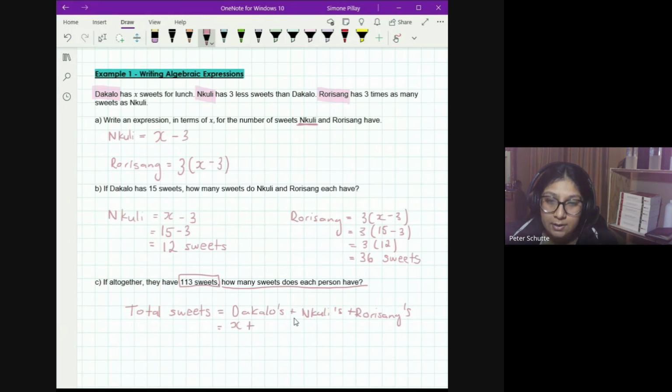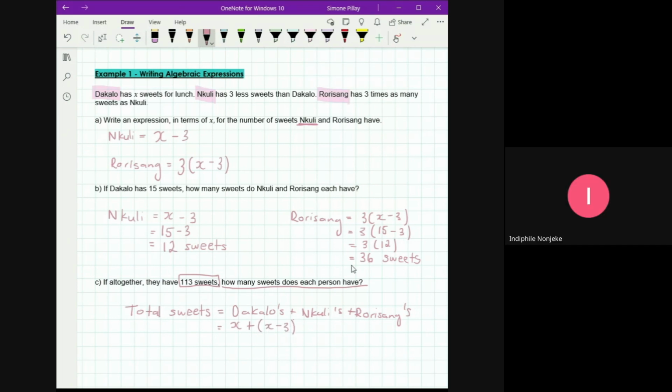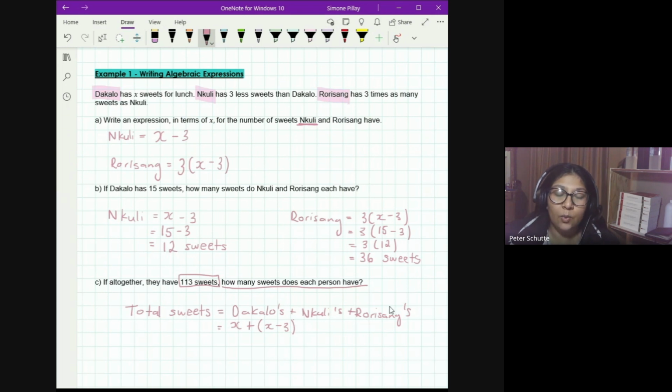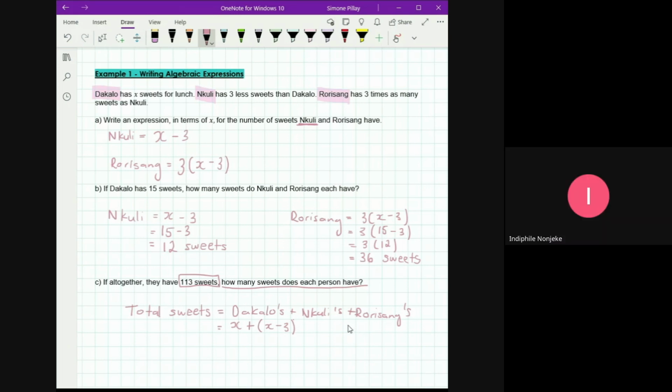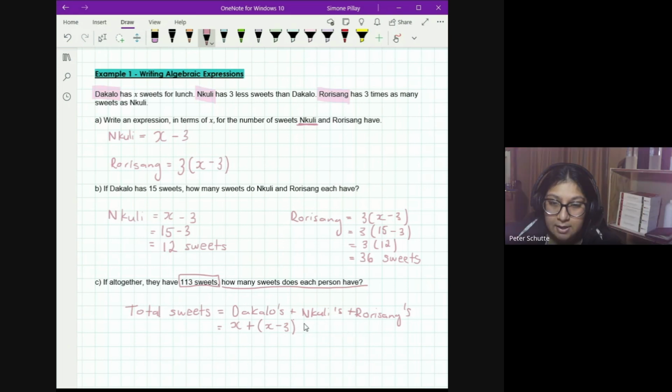My expression on the top here tells me to plus, and then I have to plus Nkuli's sweets. And Nkuli's sweets is x minus 3. You with me? Yes, ma'am. And then what is the expression that we figured out for Rory-san's sweets? 3 bracketed x minus 3. So I'm going to add Rory-san's sweets. You with me there? Yes, ma'am.